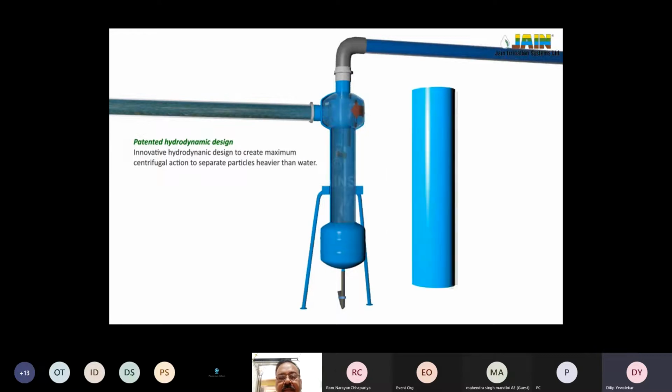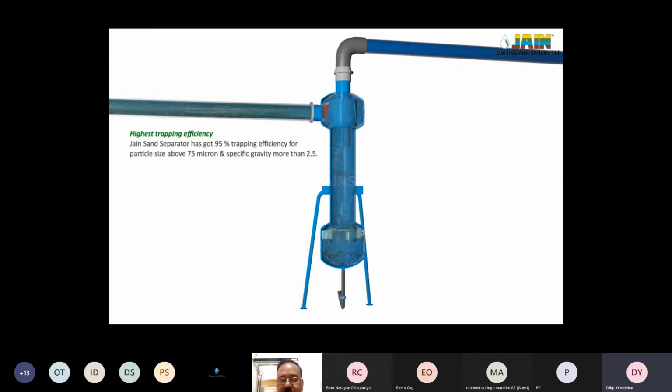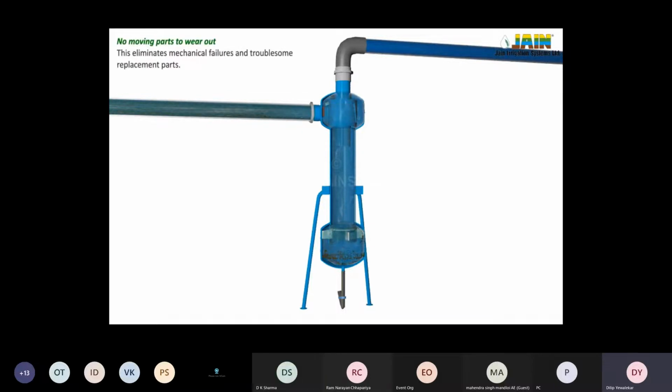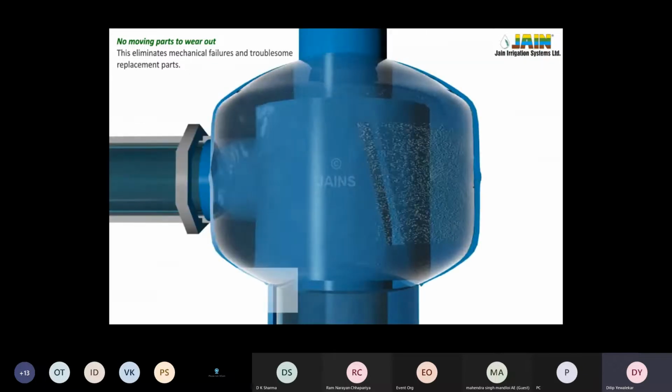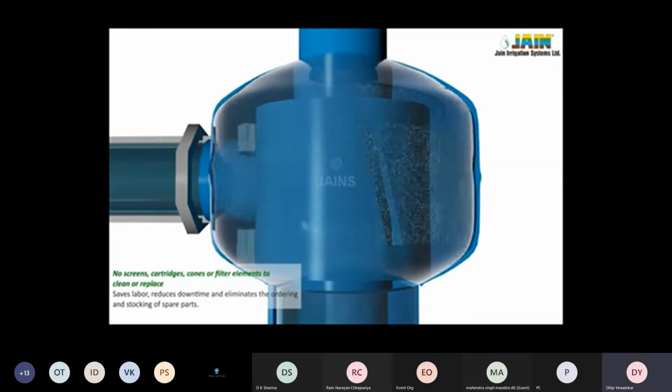Now in this filter, the inlet connection is connected tangentially to the cylinder, and the water goes in a rotational direction in a centrifugal way, and thereby the heavier particles get settled at the bottom of the tank.